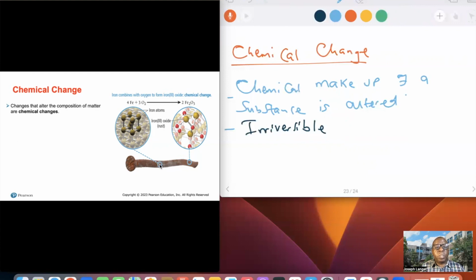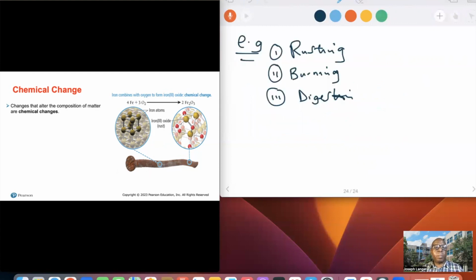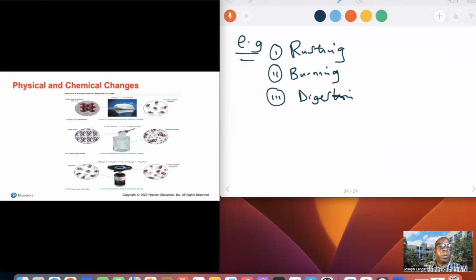Zooming in on the surface of the nail, there is a combination of iron and liquid H2O. The process is irreversible. I think I gave you rusting, for example, as a chemical change. All right, rusting of iron. Please make note of all this.